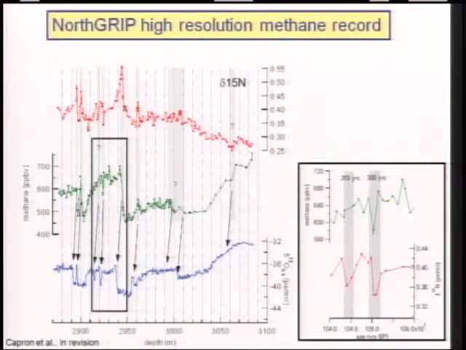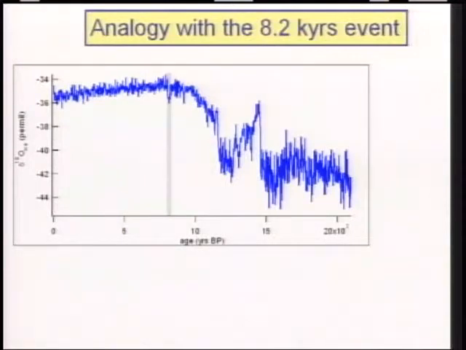So again, here we have something probably very global, and I don't know if it's a good idea, but we can exactly draw a parallel between these cold spells occurring during the plateau of ice delta weighting and what happened during the 8.2 kiloyears event.